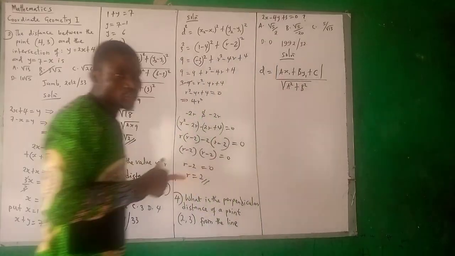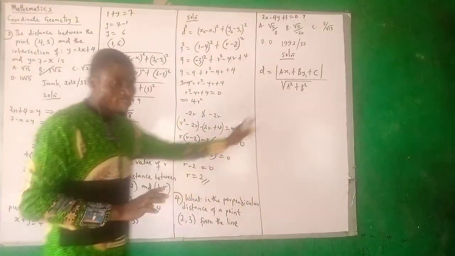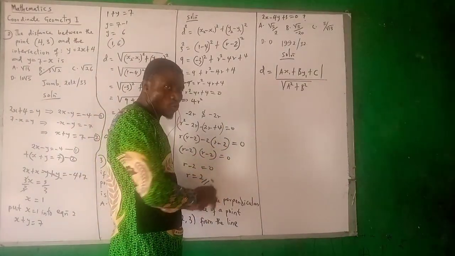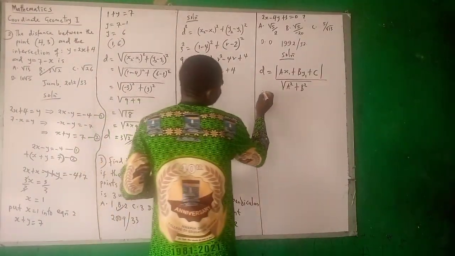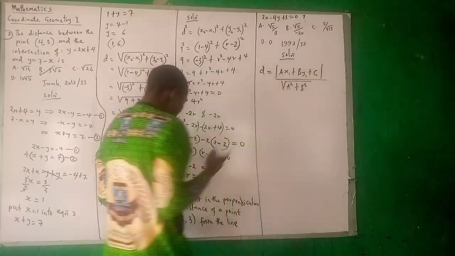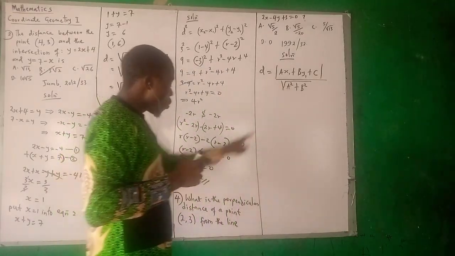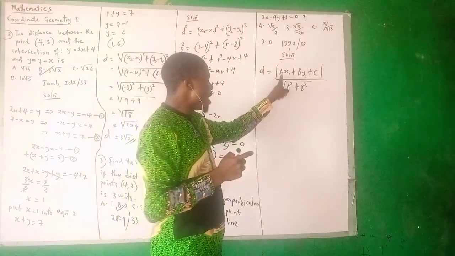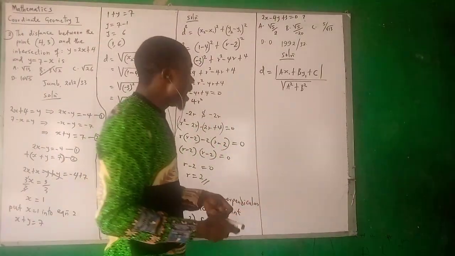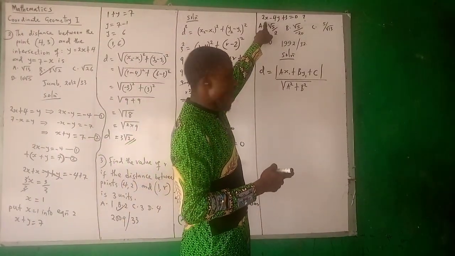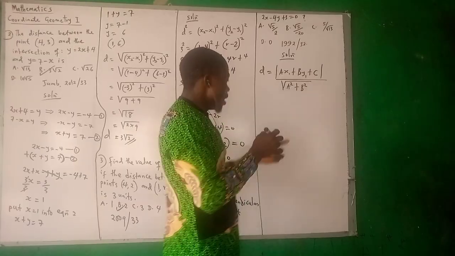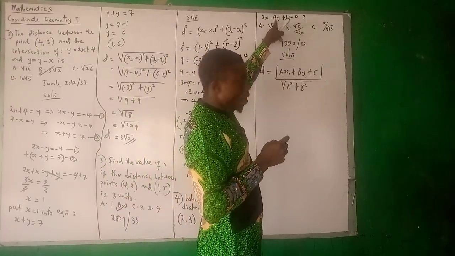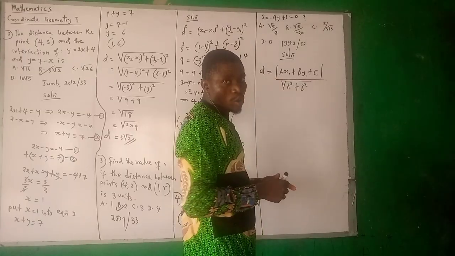This is the short formula to use whenever you see this kind of question. Where x1 is 2, y1 is 3, and a is the coefficient of x from the equation, which is 2, and b is the coefficient of y, which is minus 4. Now with that we can substitute, right?